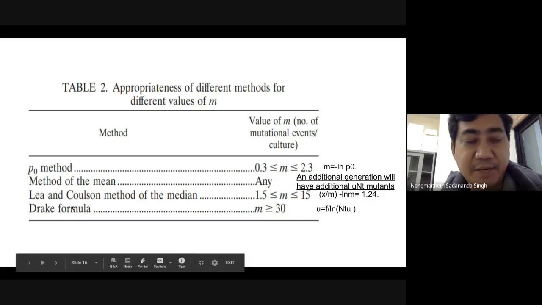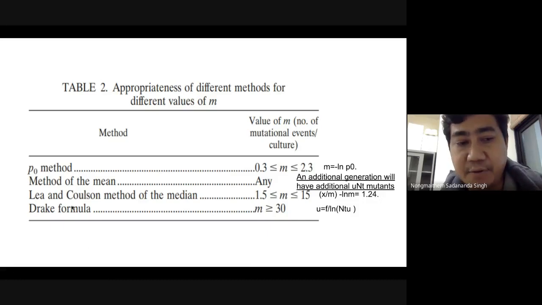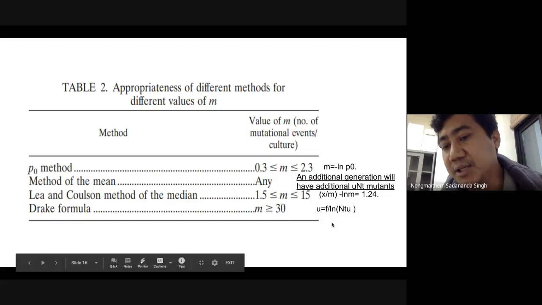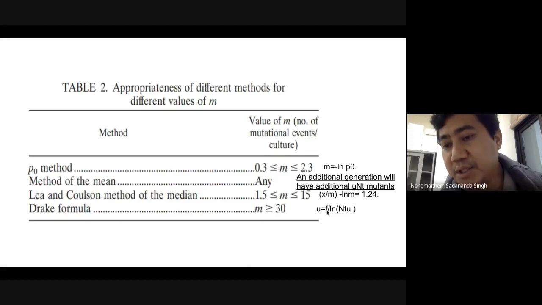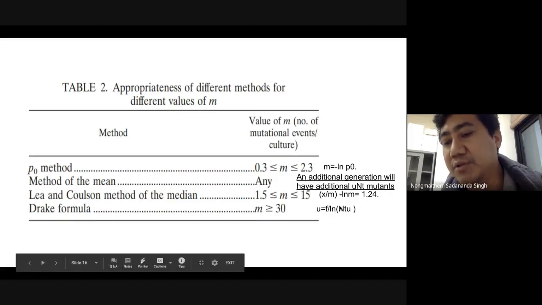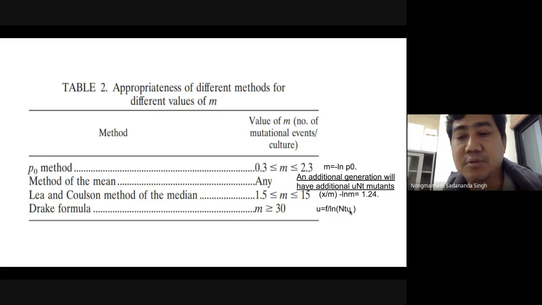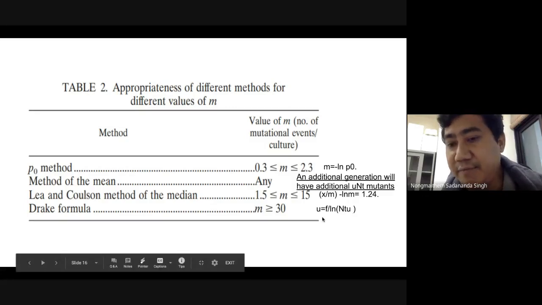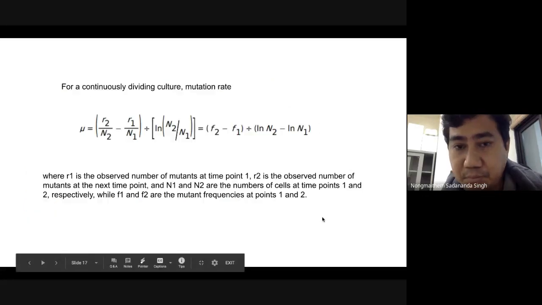Another very popular one is the Drake formula. The Drake formula is applicable when m is greater than or equal to 30. In this case, the mutation frequency is equal to the frequency you are observing divided by the natural log of the total number of cells times frequency. If you calculate this formula, you can get the m values out of it.